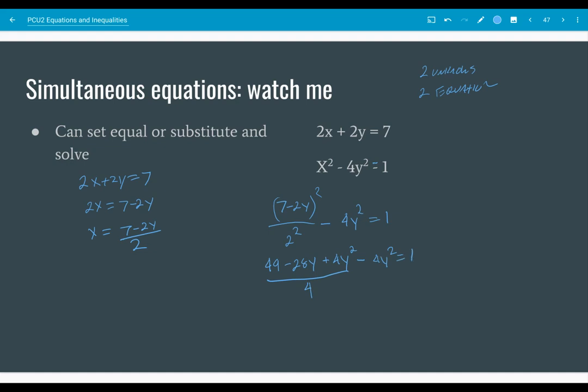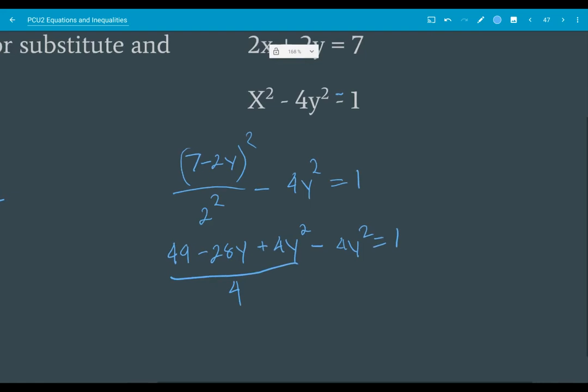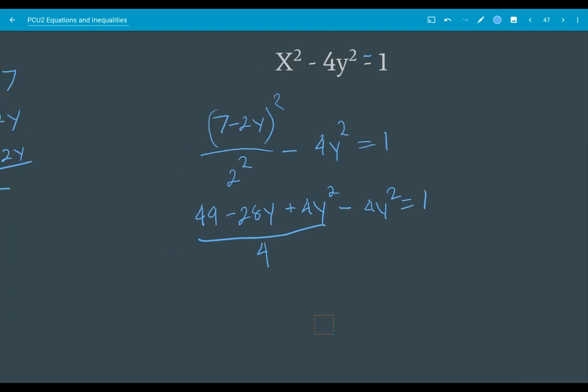Now I've got to get rid of that 4 in the denominator. So we end up with 49 minus 28y plus 4y squared minus 16y squared equals 4.